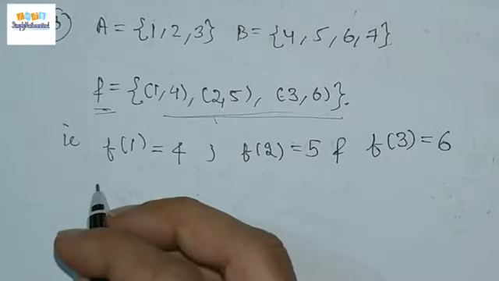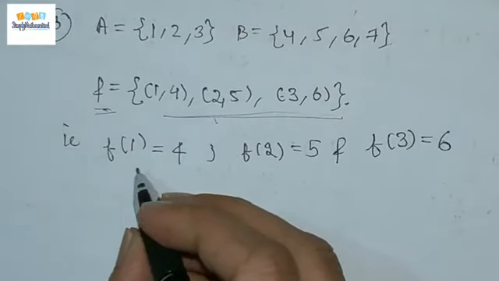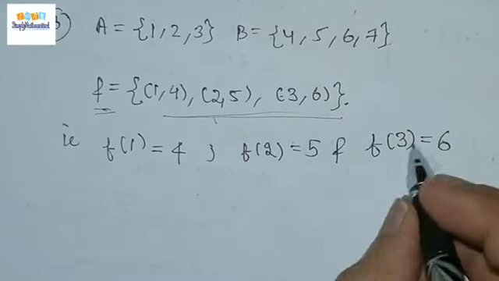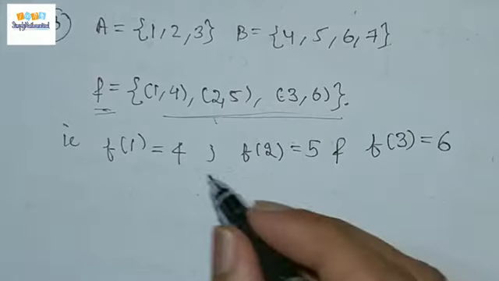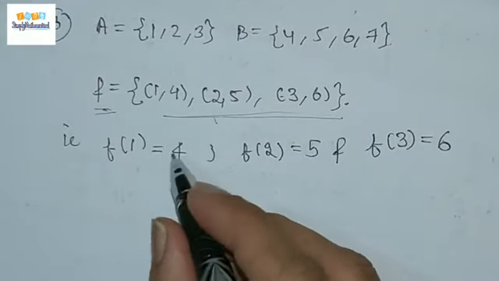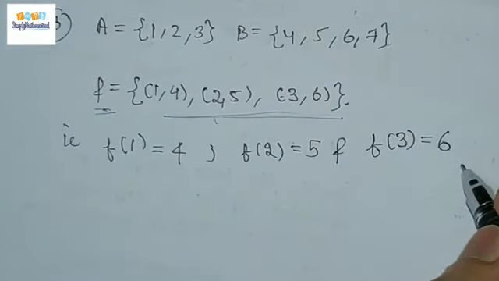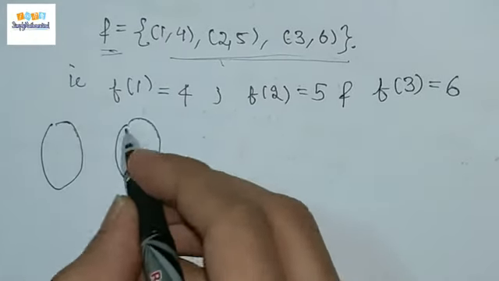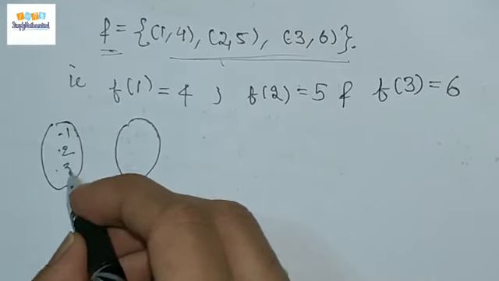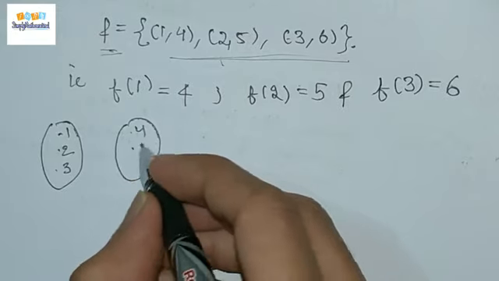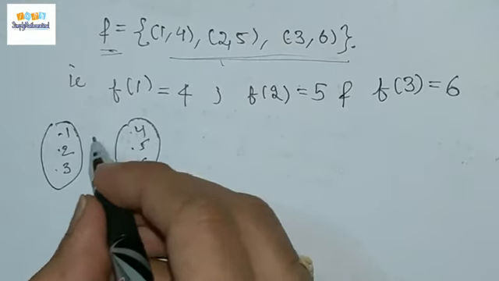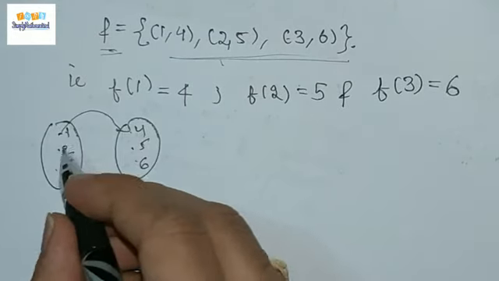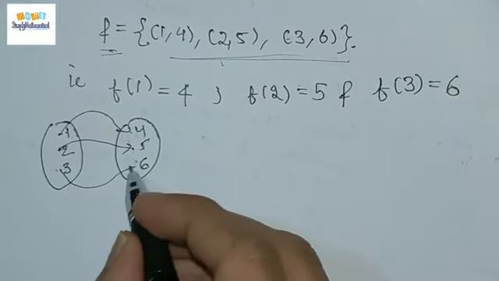Now what you get here, since these three different elements 1, 2 and 3 are going to three different elements, you have something like this: 1, 2, 3 and 4, 5, 6. 1 is going to 4, 2 is going to 5 and 3 is going to 6.